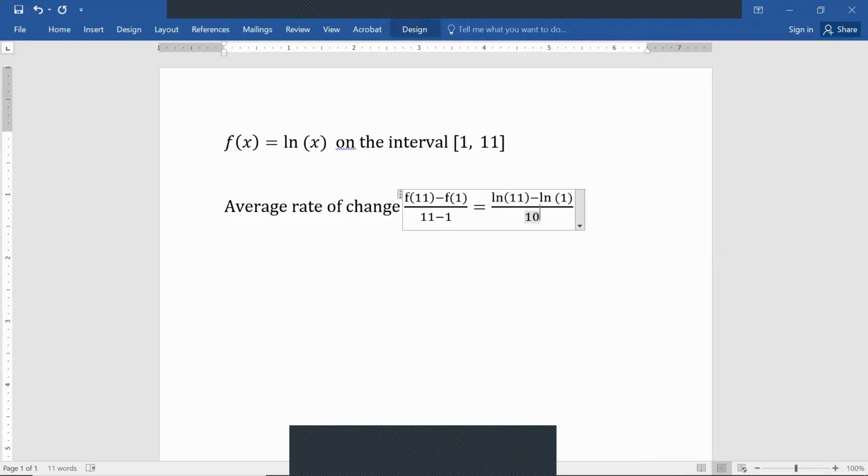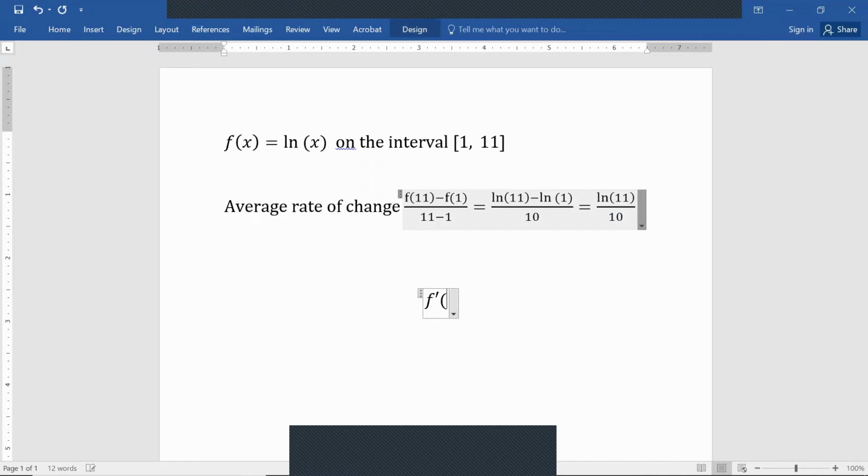Natural log of 1 is 0. So we get natural log of 11 divided by 10 as the average rate of change. You could round this to a couple of decimal places if you'd like, but I am not going to at this point.